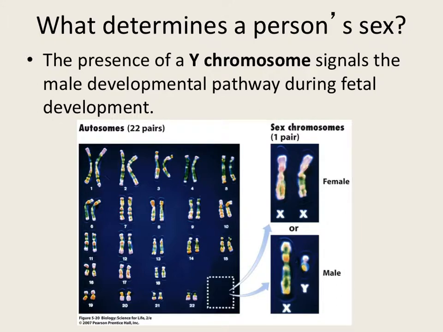So the Y chromosome itself has genes on it that do not occur on the X chromosome. And what it does is it signals the production of certain hormones that then make it male during fetal development.